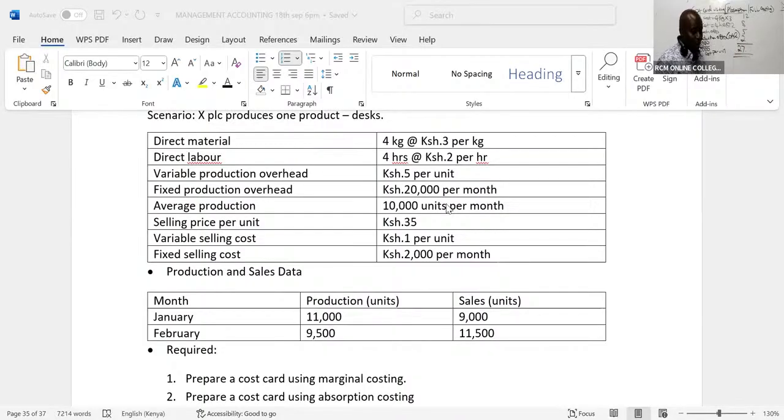Let me ask you a question. I can see down here, I have fixed selling cost of 2,000 per unit. Can I bring this one here in terms of inventory valuation? Anything selling, that will be post-production. That can never be featured anywhere under production.